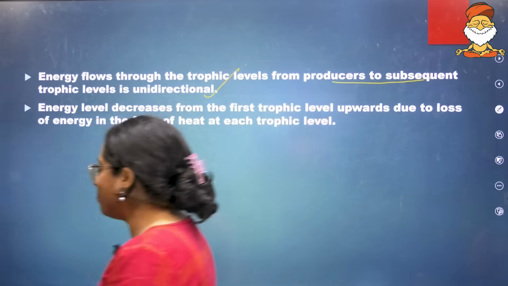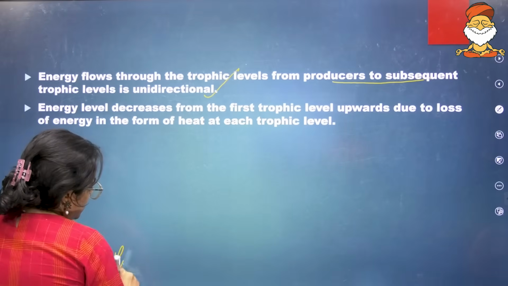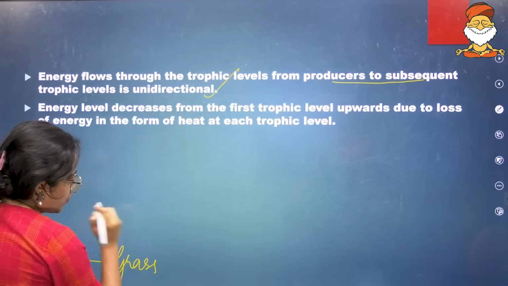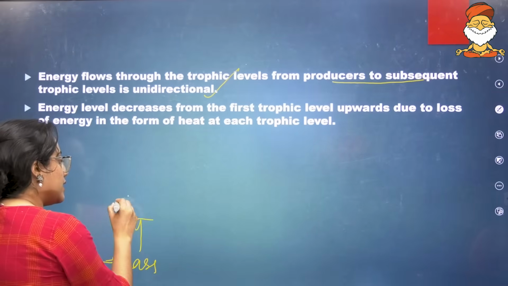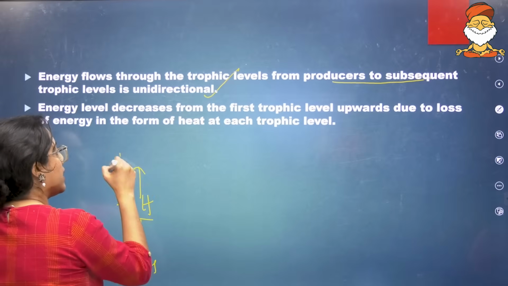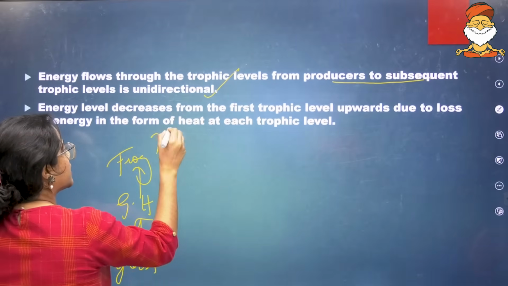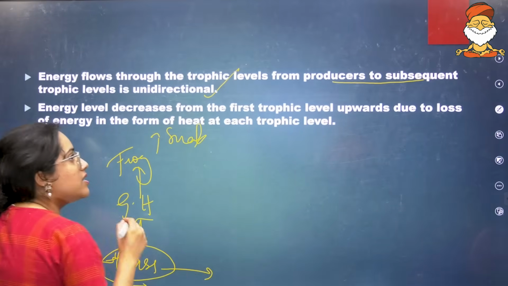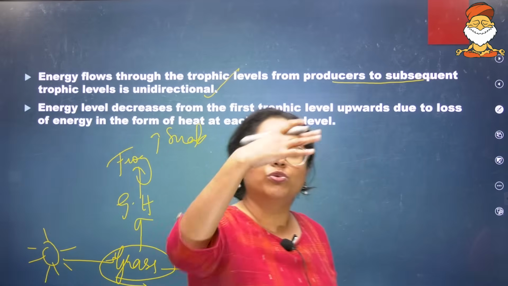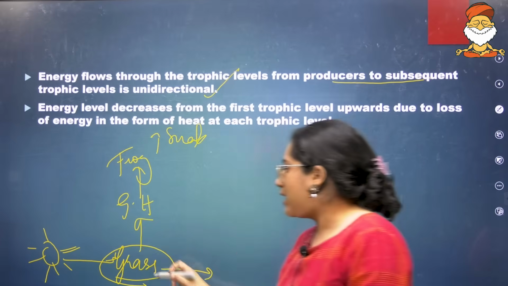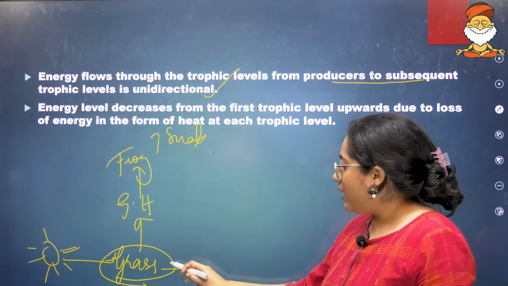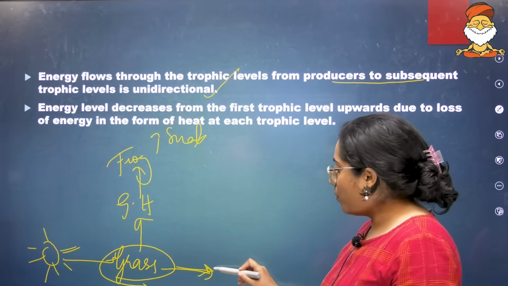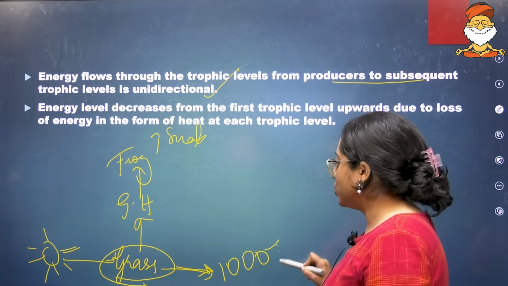Then comes the important point. You have your grass, which takes sunlight and produces food, and the grass is eaten by the grasshopper, and the grasshopper is eaten by the frog, and then the snake. Understand? In the grass is where most of the energy that is there in the sun can get captured and create food. Now, suppose the grass created 1000 joules of energy.